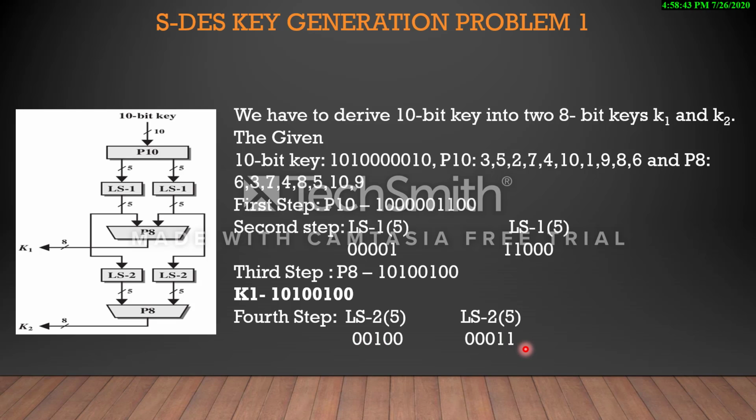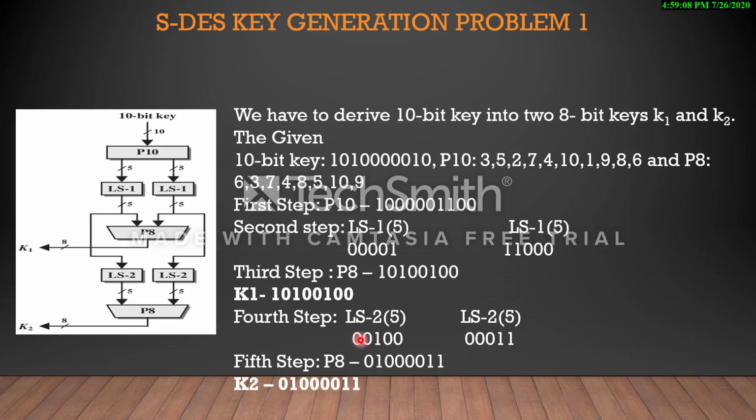Now the last step in key generation is permutation 8. The permutation 8 value is already given in the problem. From the output of LS2, we are going to extract the 8 bits using the permutation 8 positions. What is the permutation 8 value? 6th bit. What is the 6th bit here? 0.